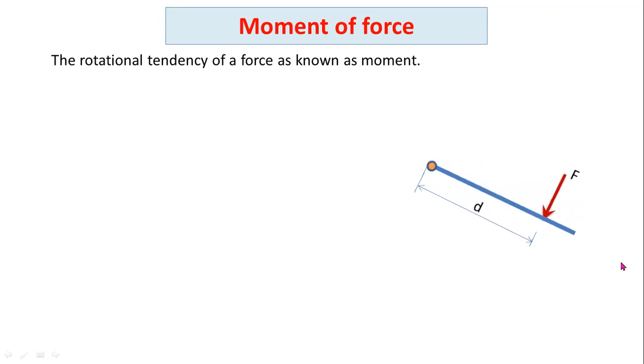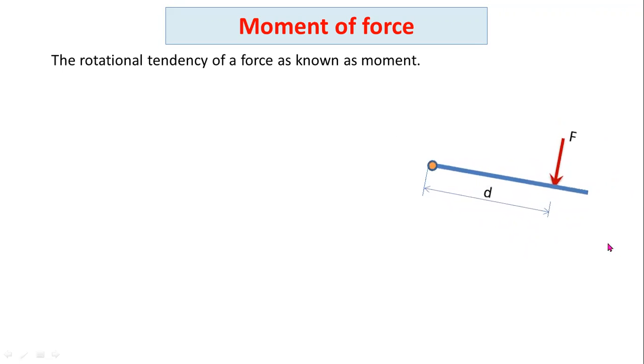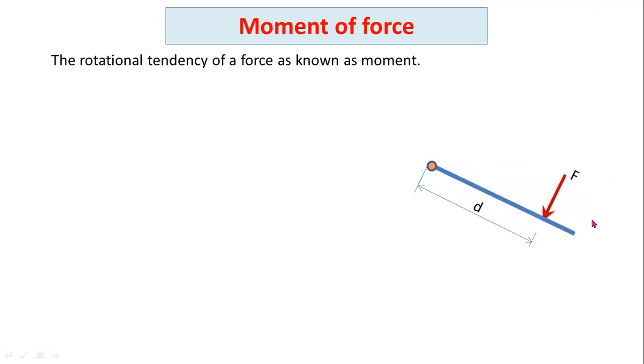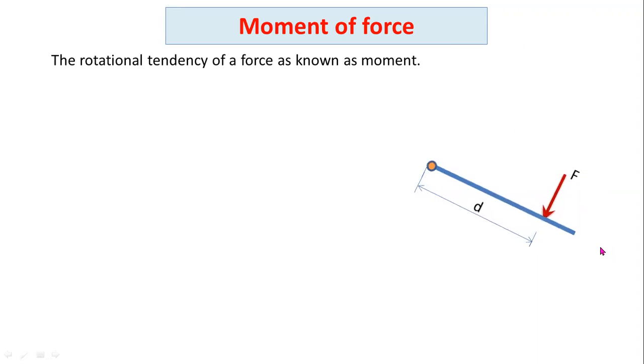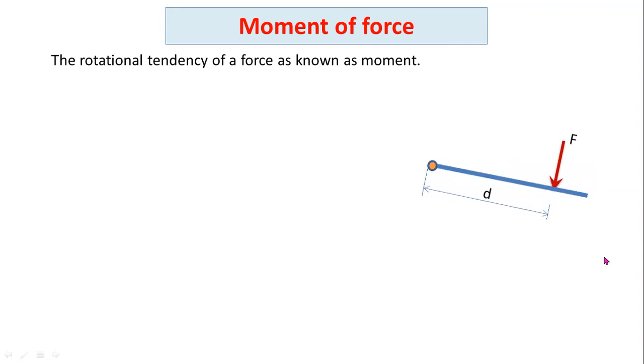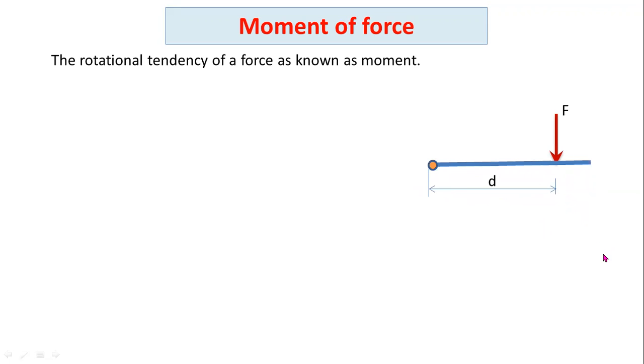That rotational tendency of a force is known as moment. Here you can observe the distance between the rotating point and the line of action of force is distance d. This is the perpendicular distance.